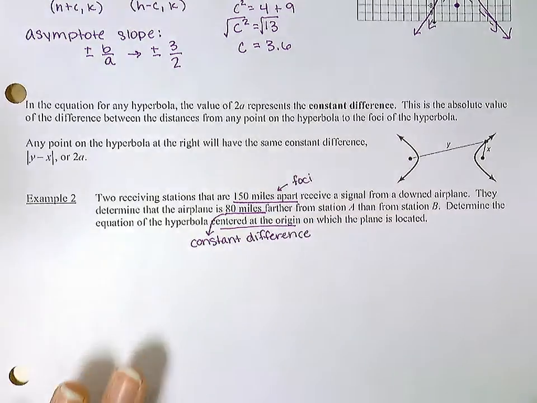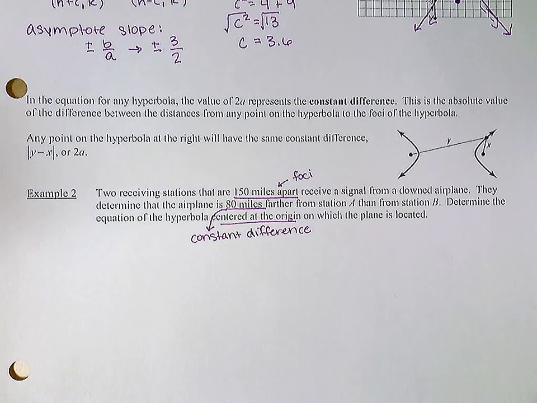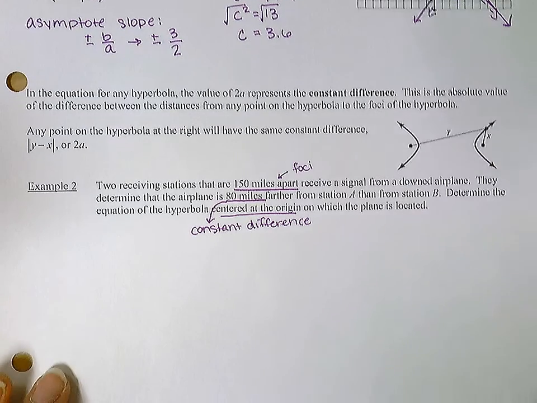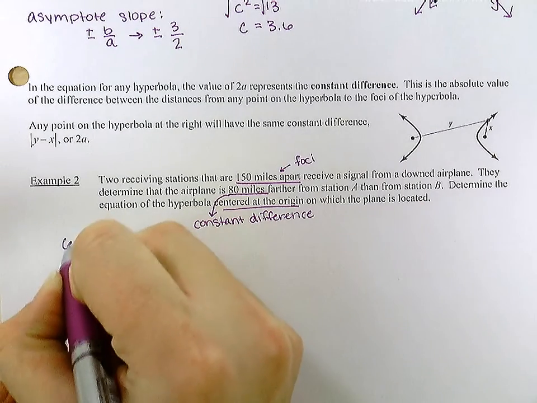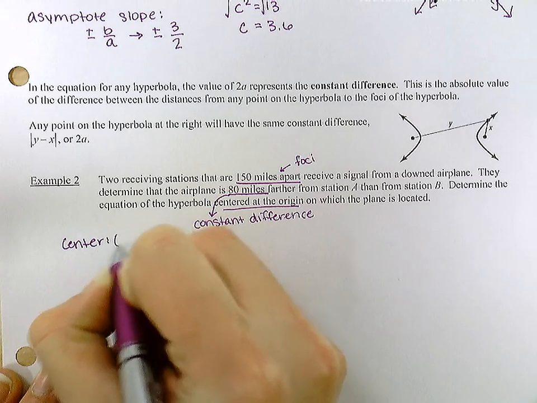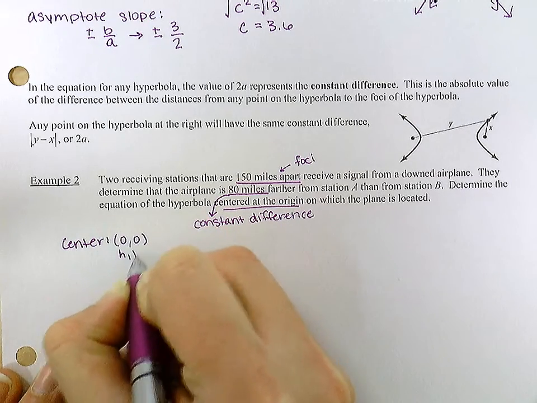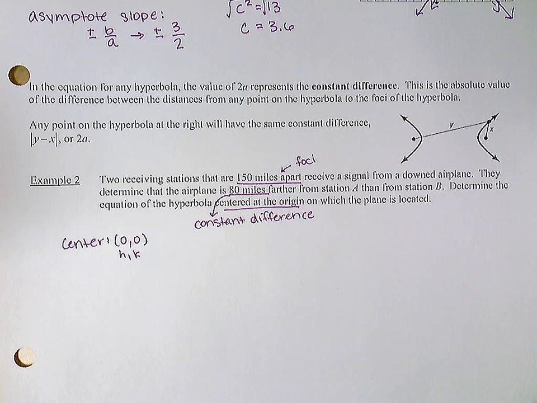Now, since it's centered at the origin, that means your h and k values are going to be 0, 0. So I already know what the center is: 0, 0, because it said it was at the origin.